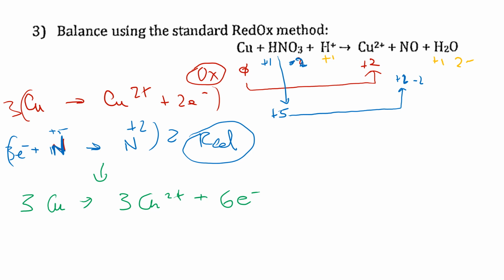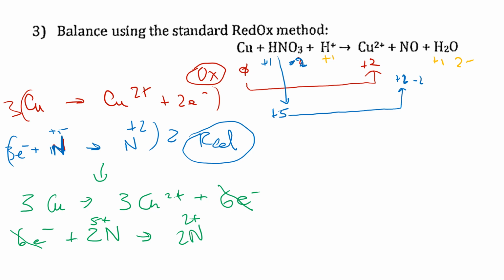On the bottom, I'm going to have 6 electrons plus 2N, sorry, producing 2N over here, 2 plus, and this is 5 plus, just so we're clear on what's happening. Now my electrons cancel out.